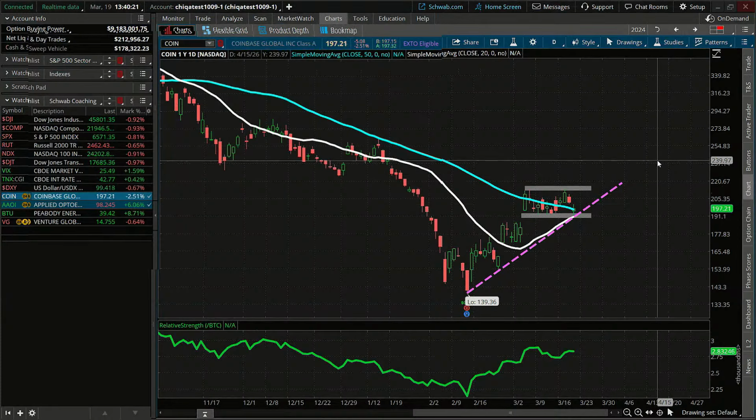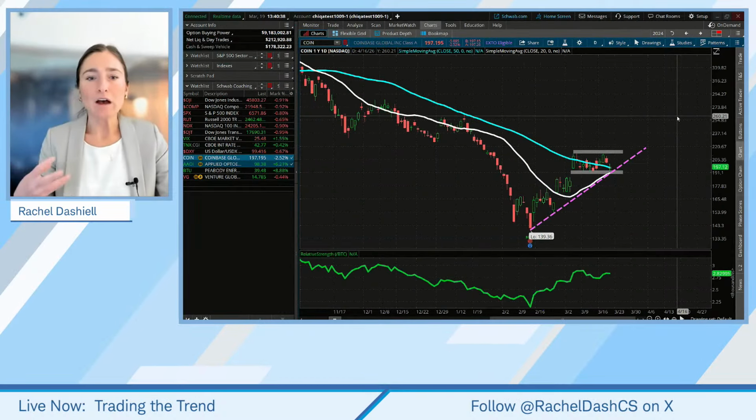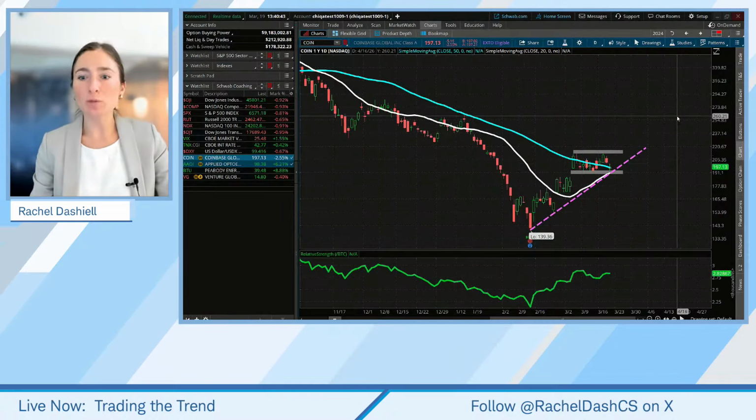So I did want to show a couple other stocks that are in trending environments, kind of fit the picture that we talked about before, where you have RSI in a bullish regime, you have relative strength within that name, and you do have more of a bounce, a little bit of a breakout.